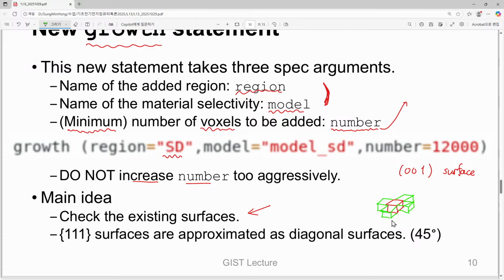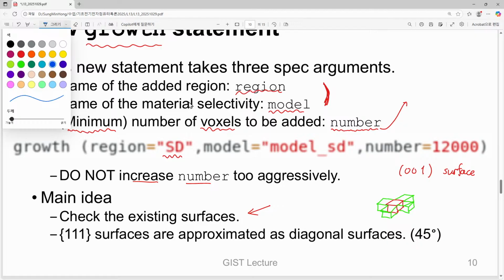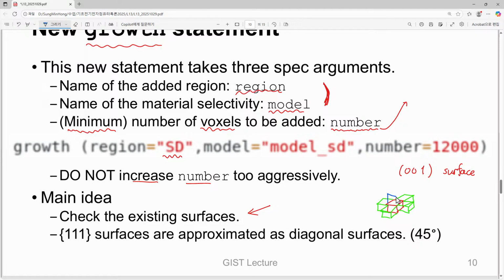Once we have this condition, then we can say that there is a 001 surface already. Then now I can introduce this new voxel. Otherwise, it does not add this new voxel. So that is a simple rule we have.